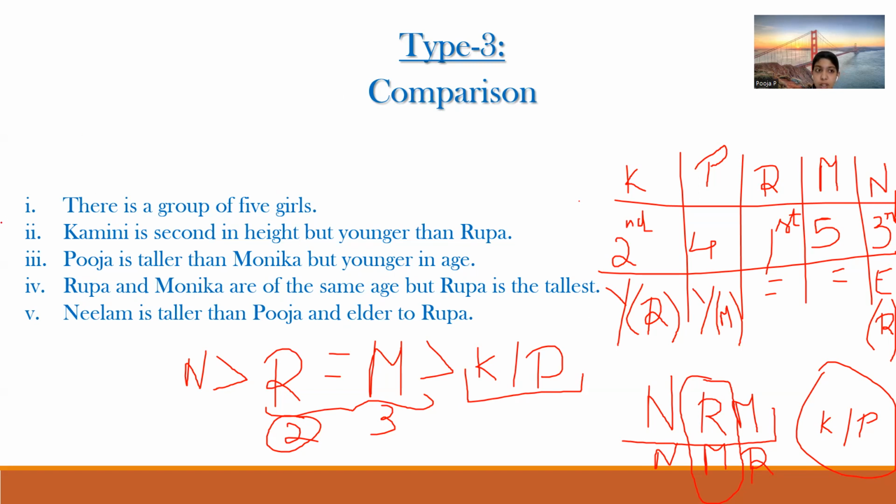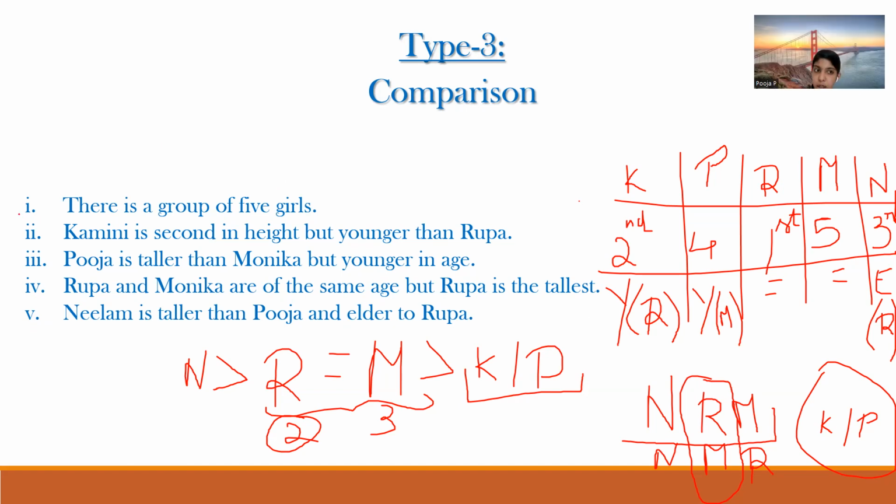To answer that question, how many statements do you need among 1 to 5? Only 4 statements. Which are those 4? Second, third, fourth, fifth. Because in the first statement it is given there is a group of 5 girls. If we see the names of 5 girls, we can come to know that there are 5 girls. So the statement is unnecessary to mention.